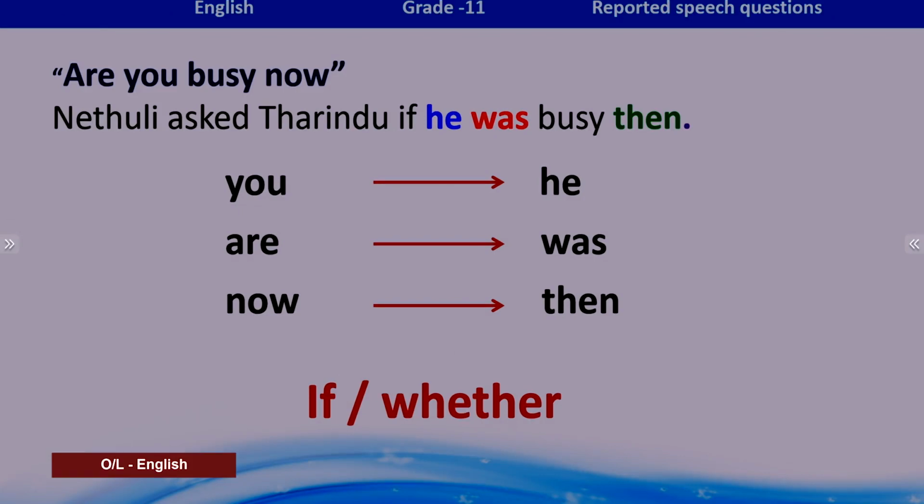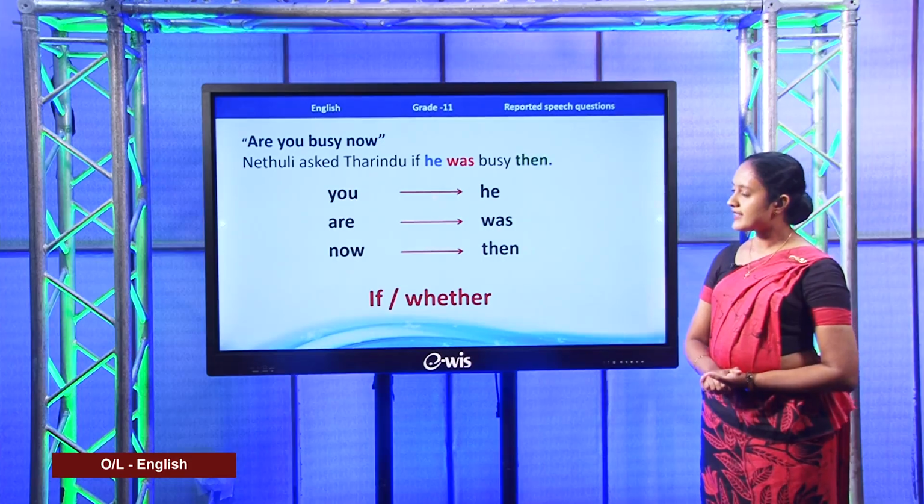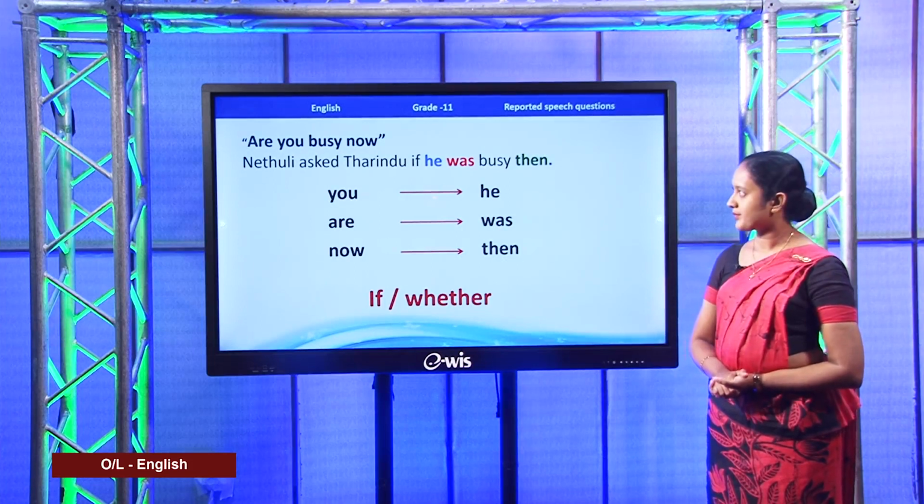Okay children, I have used three different colors to indicate the changes I have made to the reported question. I've used blue for the pronoun, red for the verb, and green for the time indicator or the time phrase. So let's see them one by one.